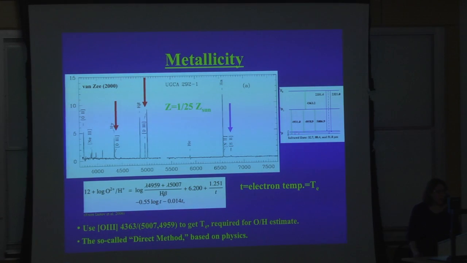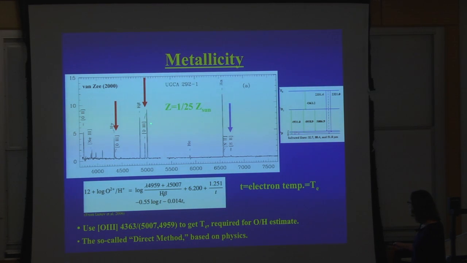Okay? So if we lived in a perfect universe, well, many other things would be true. But one of the things is that we would be able to measure the oxygen abundance of every galaxy using what we call the direct method. This shows an example of a spectrum where you see some of those lines that I've shown you before, but you also see this weak line from oxygen 3 at a wavelength of 4363 angstroms, and you measure the strength of this line relative to this line.